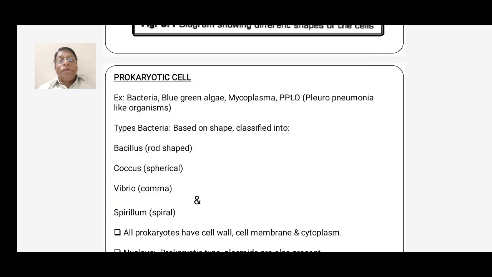Say, bacteria. Bacteria are classified into different types based on some criteria.